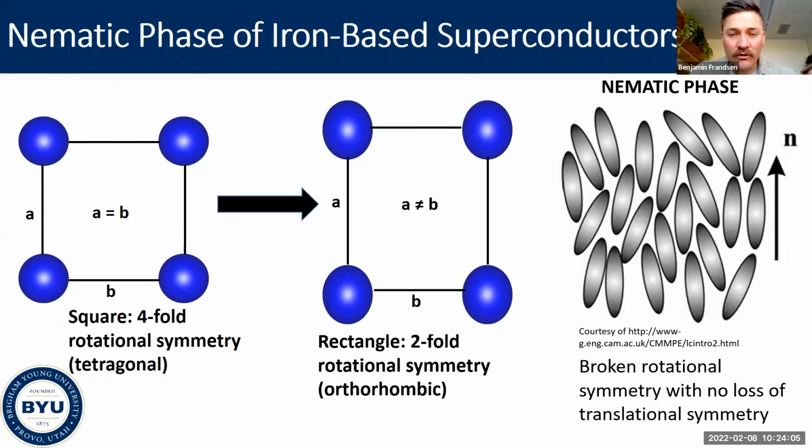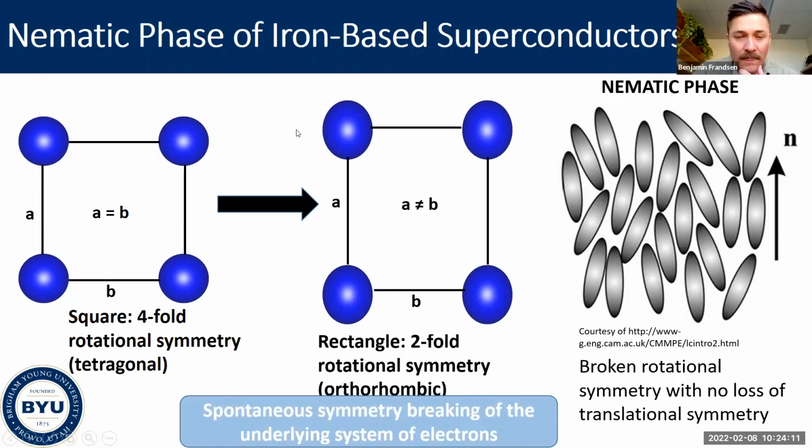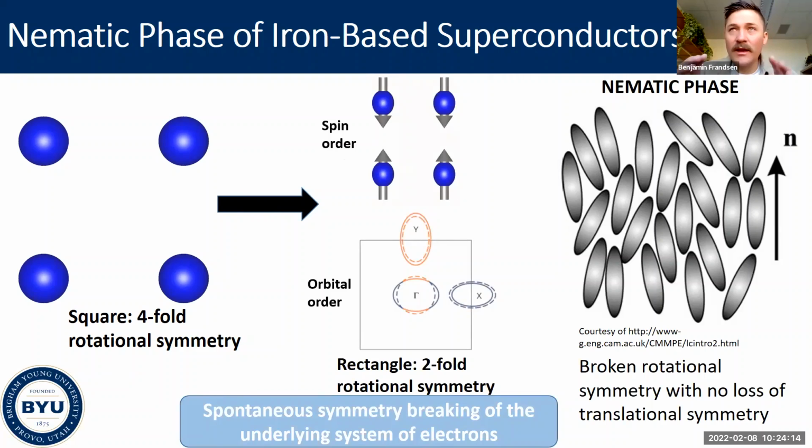So this is called an electronic nematic phase, and it shows up in the structure as a structural distortion, but it's a spontaneous symmetry breaking of the entire underlying system of electrons. It also shows up in the magnetism. Okay, so we get spin order, we get stripe type antiferromagnetism, and it also shows up in the orbital degree of freedom, as a preferential occupation of different orbitals.